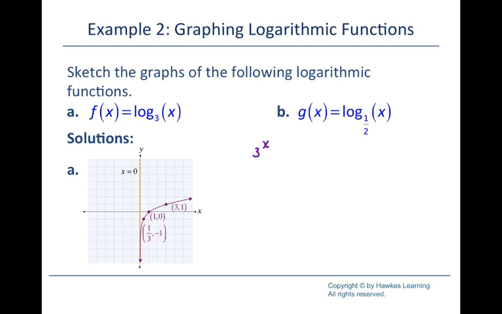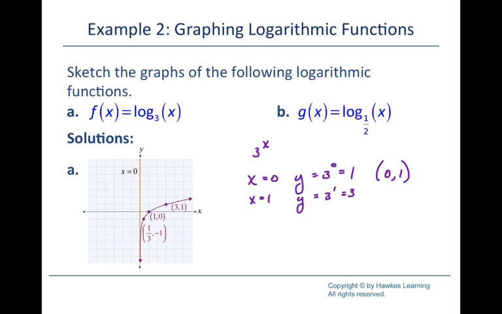Remember, one of the points, if I have x is 0, then y is 3 to the 0, which is 1. So one of my points is going to be 0, 1. Then if I have x equals 1, then y is going to be 3 to the first, which is 3.